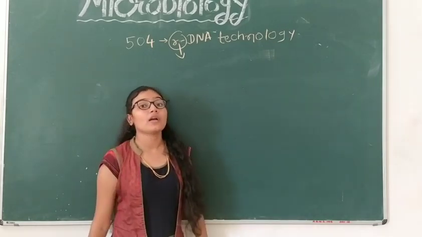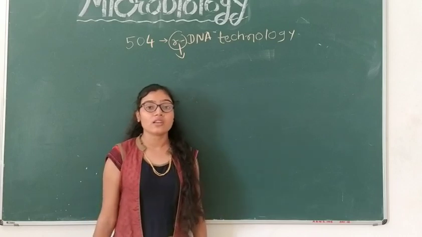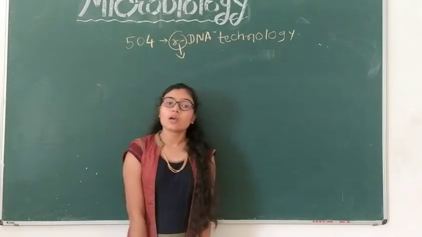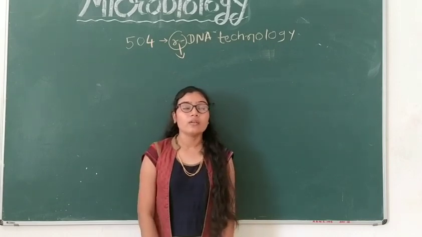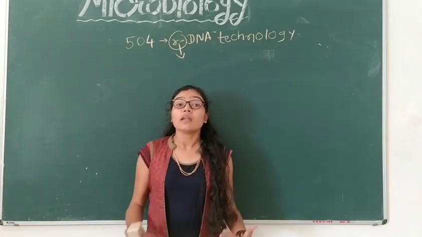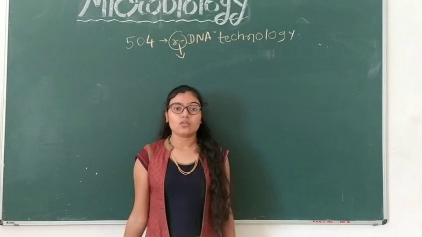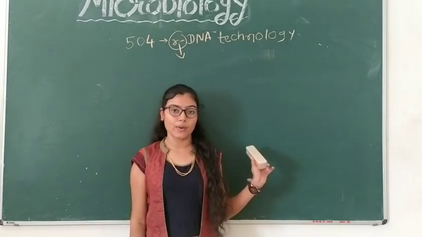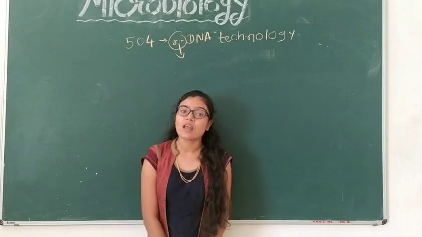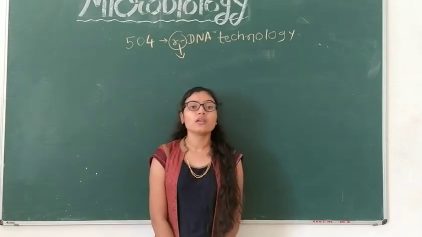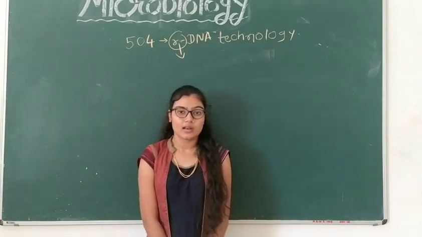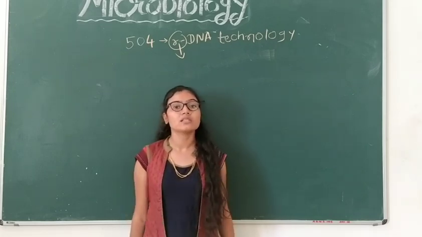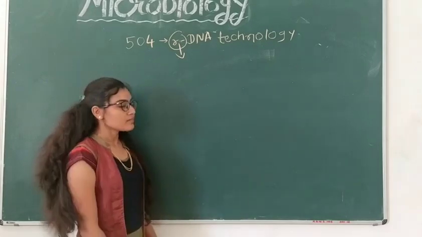In unit number 3, we will discuss various and different types of techniques that are used in DNA technology, and in unit number 4, we will discuss many applications of DNA technology. So we will discuss these 4 units in detail in this paper. Now today we will start unit number 3, the different types of techniques used in DNA technology.